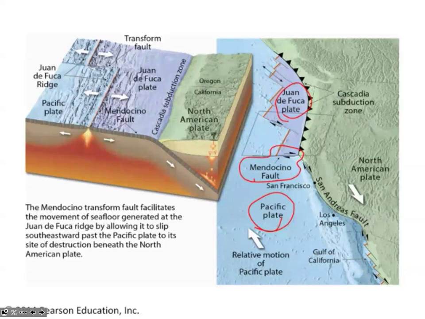And what's happening here is we've got a spreading center, so an oceanic ridge where new oceanic crust is being generated, basically making new Pacific Plate, making new Juan de Fuca Plate. But then because of the zigzag nature of the plate boundary, we end up having the Mendocino Fault accommodating differential motion between the Juan de Fuca Plate and the Pacific Plate.